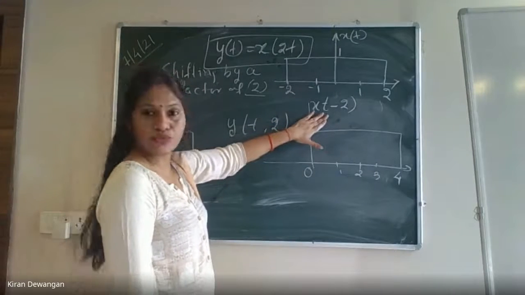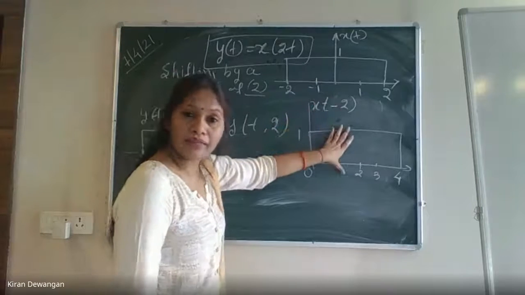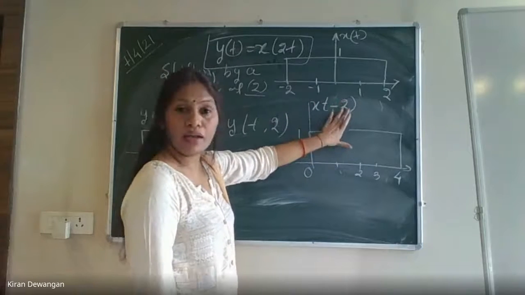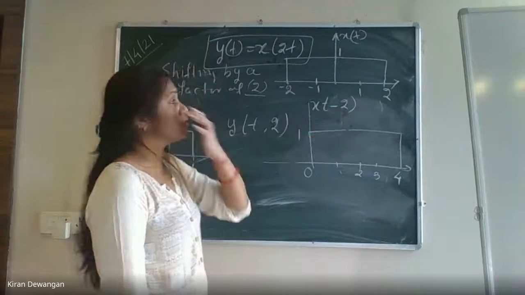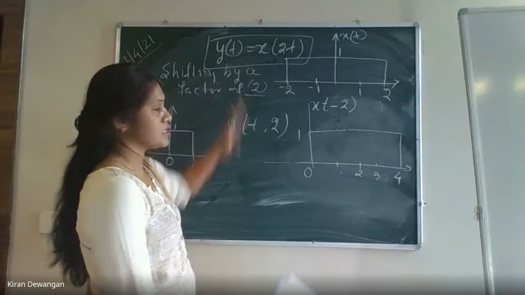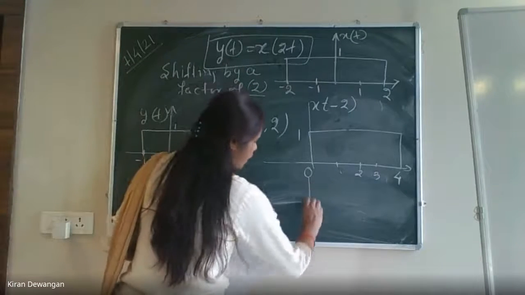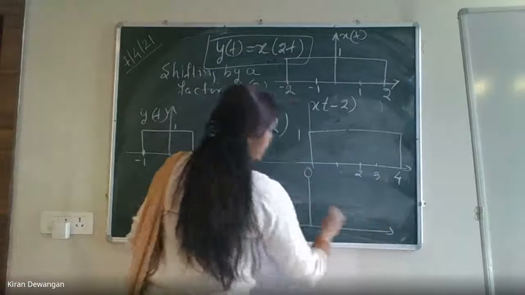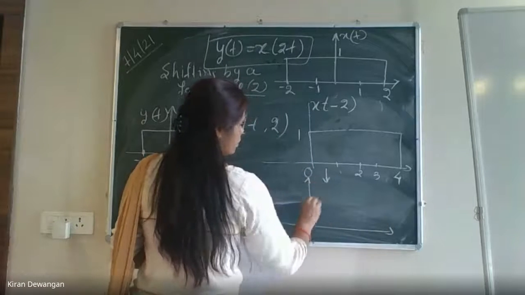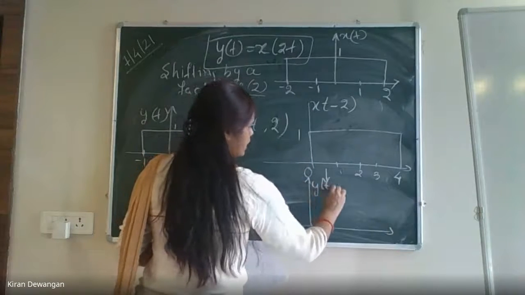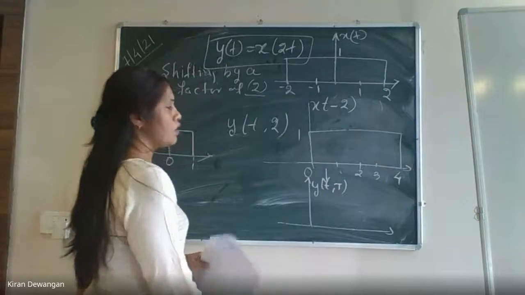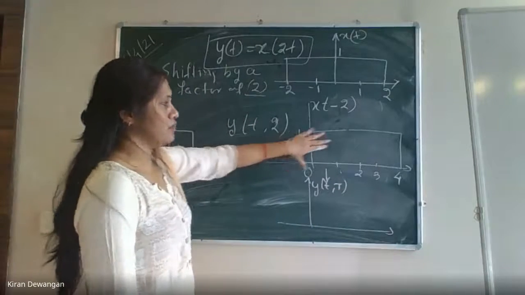Now if I apply this as an input, then what is going to be my output, that is y of t with shift in the input.